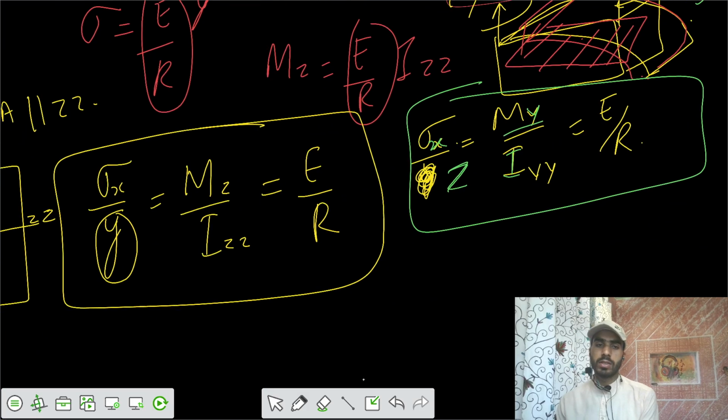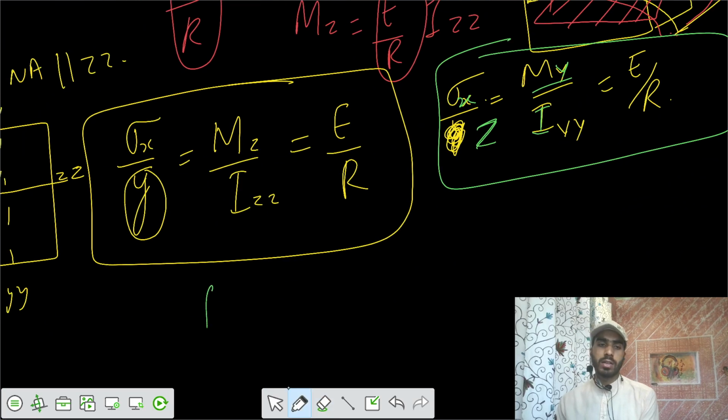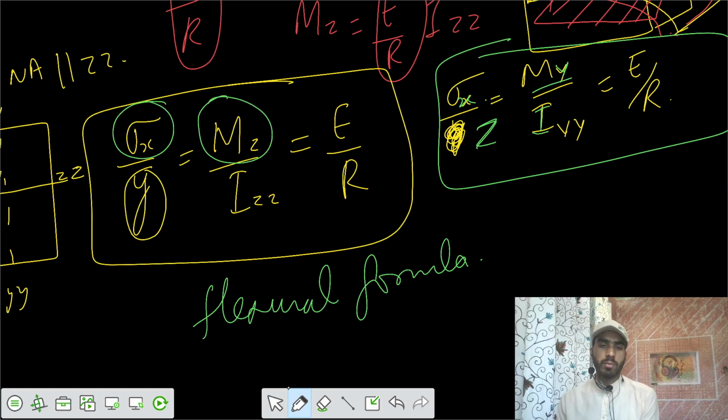So this is the general equation of the flexural formula. Your bending stress is related to bending moment, and y is the distance of that fiber. That means the bending stress is MY by I.